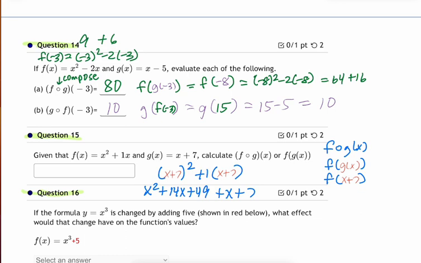And then combine your like terms for a final answer of x squared plus 15x plus 56. Now, if they asked us to find g of f of x, we'll get a completely different answer. So be careful, start from the inside out. You input the inside thing into the outer thing, inside out. Okay? Everybody good with 14 and 15?